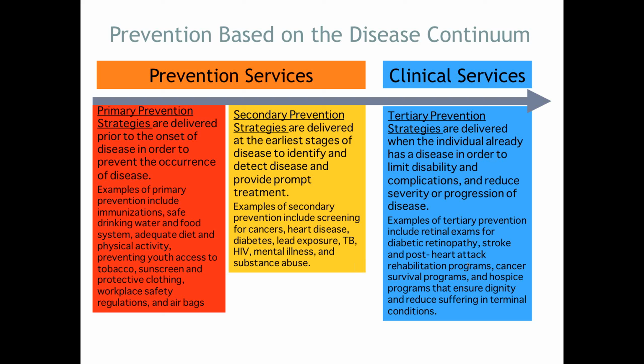So the person has diabetes, but you're trying to prevent the visual complications of diabetes by having retinal exams every 6 months for diabetics. Stroke and post-heart attack rehabilitation programs, cancer survival programs, hospice programs are all examples of tertiary prevention strategies.